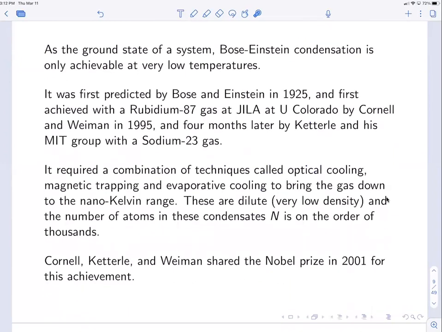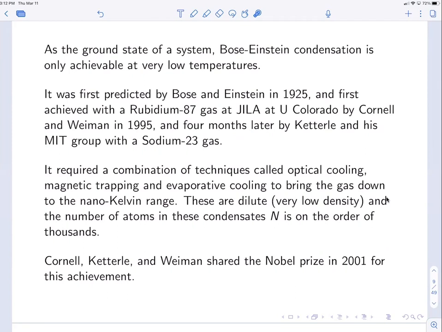Now, as the ground state of a quantum system, Bose-Einstein condensation is only achievable at very low temperatures. It was first predicted by Bose and Einstein nearly 100 years ago in 1925, but it was only achieved in the laboratory with a rubidium-87 gas at JILA, University of Colorado, by Cornell and Wieman in 1995, and 4 months later by Ketterle and his MIT group with a sodium-23 gas.